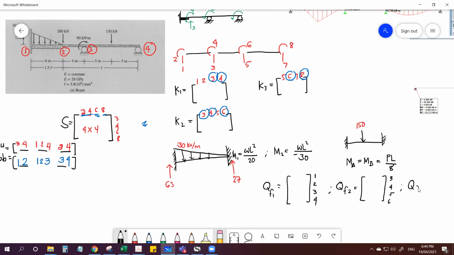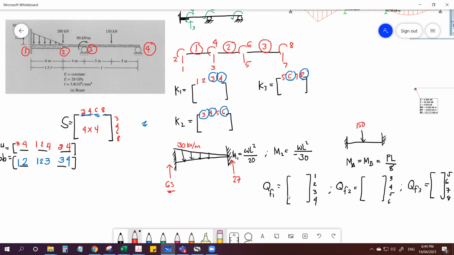And finally, QF3 corresponds to 5, 6, 7, 8. One is the vertical reaction. So this is my QF1 because this is member 1, this is member 2, and this is member 3.